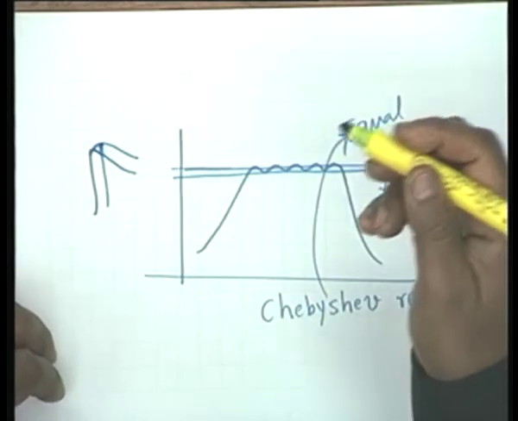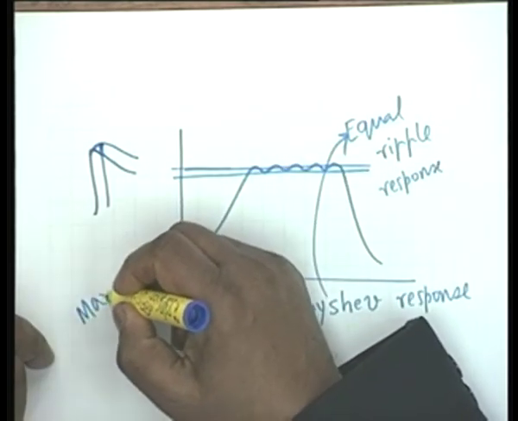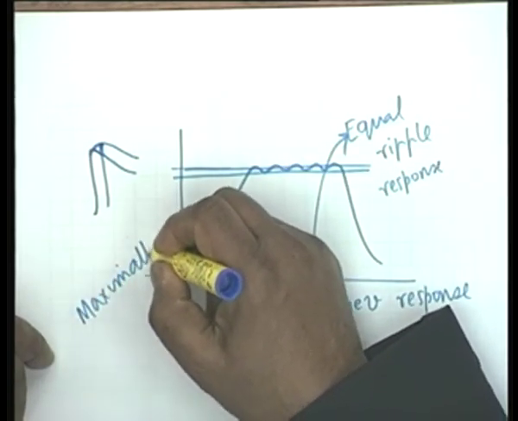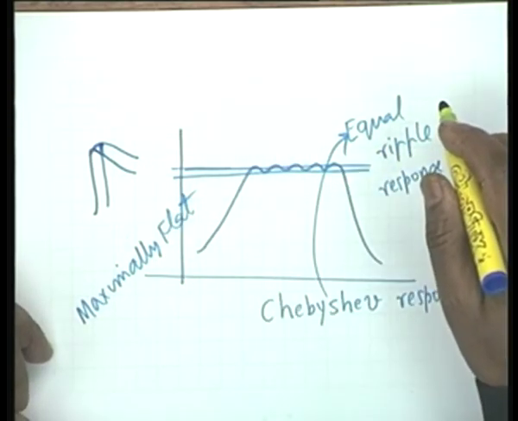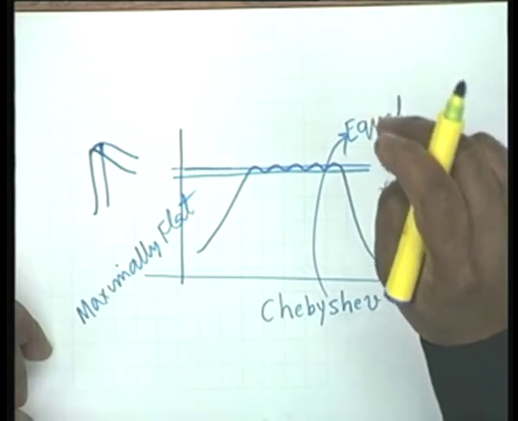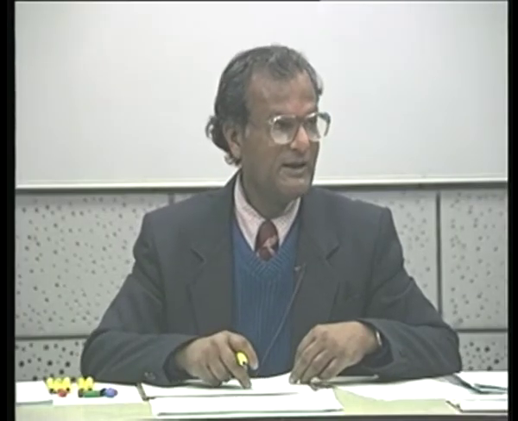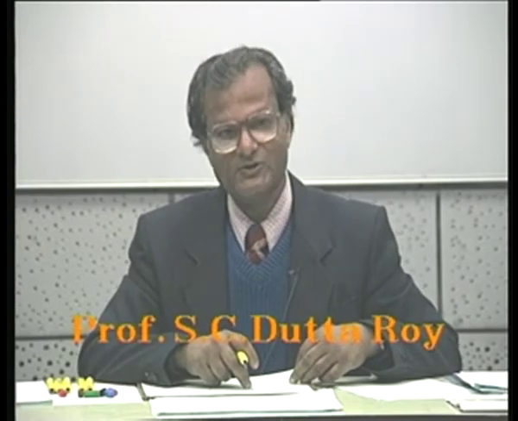One special kind of flat response is the so called maximally flat response, that is, at these frequencies as many differential coefficients of the function as possible vanish.